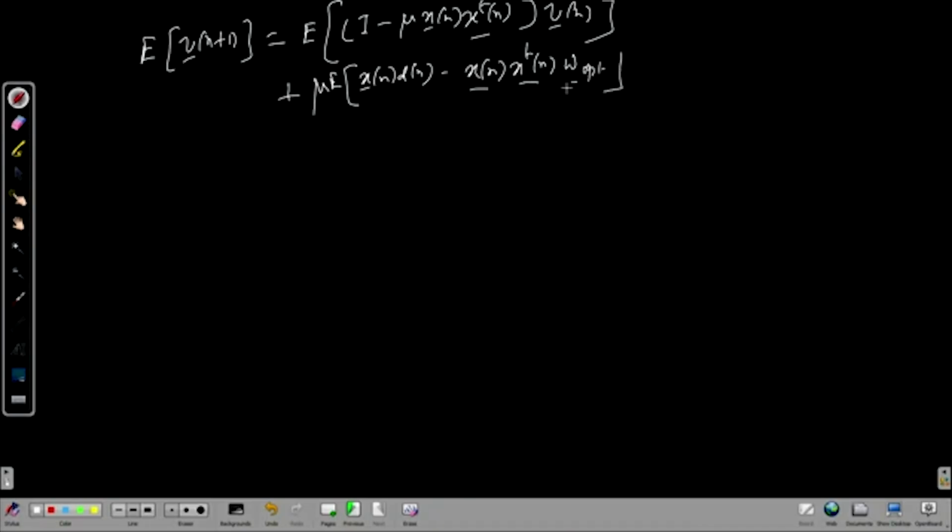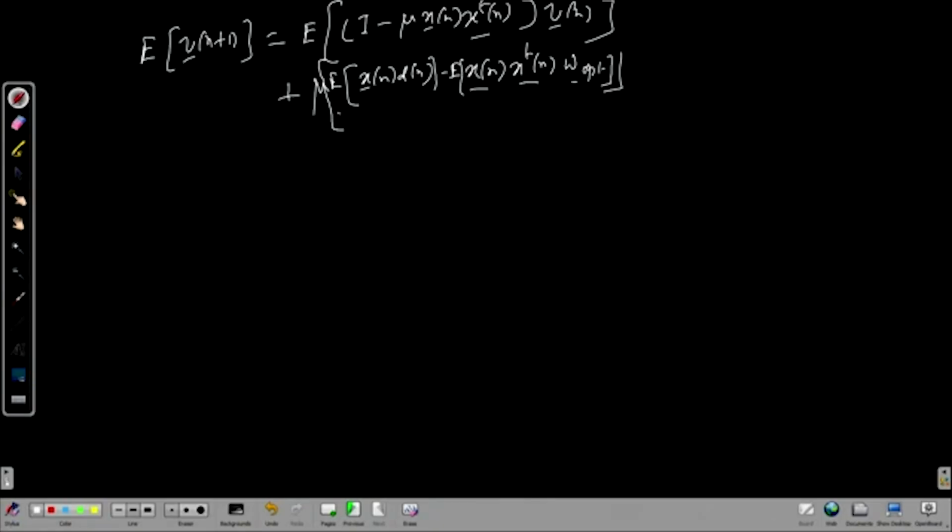Okay. Now, the expected value of this xn into dn is the p vector, right. So, you can even work like this: E on this minus E on this.